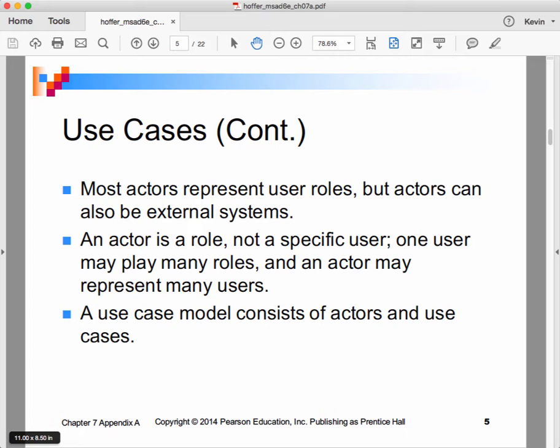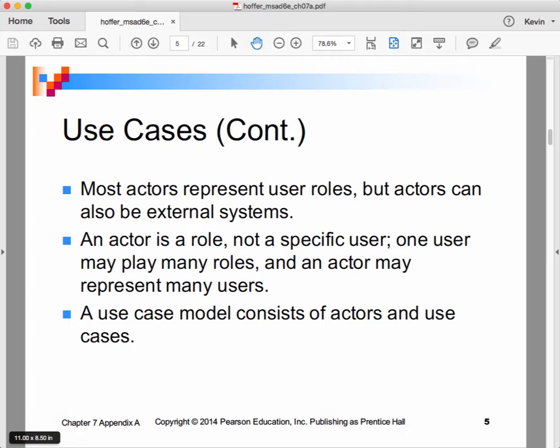So let's see, most actors represent user roles, but actors can also be external systems. So in the same sense that back in the context diagram, one of those external entities could be another system that interacts with ours, okay, and is in a sense a user of our system.